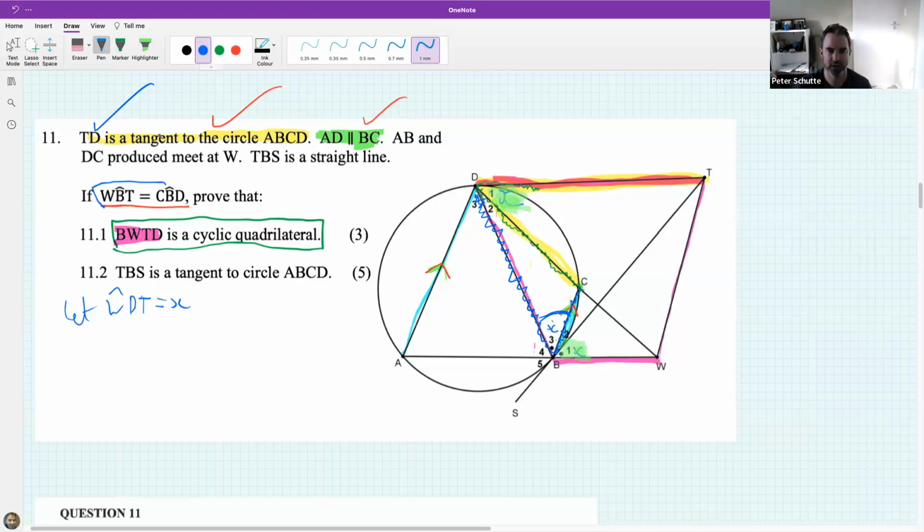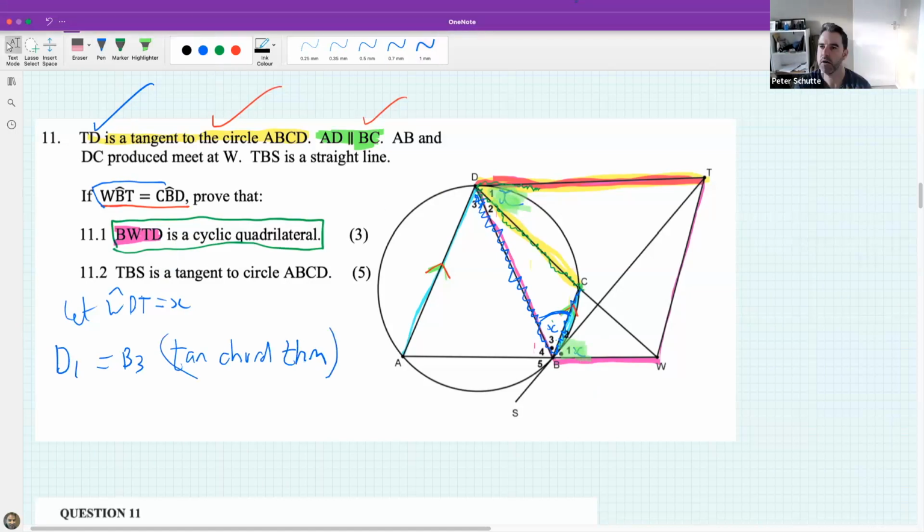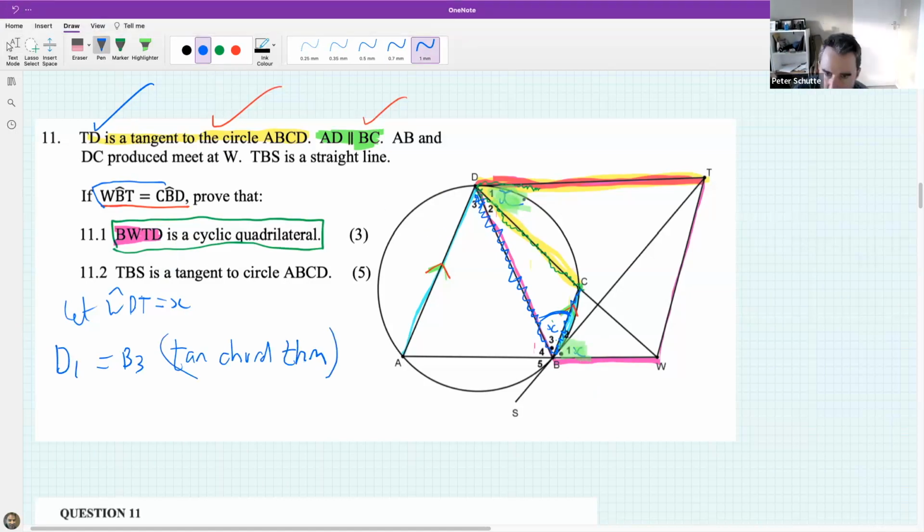So while you look at that, I'm going to write this up. I'm going to say angle D1 is equal to B3, and that is the tan chord theorem. Now, can you see a butterfly that has wings where the greens are the matching things? Yes.